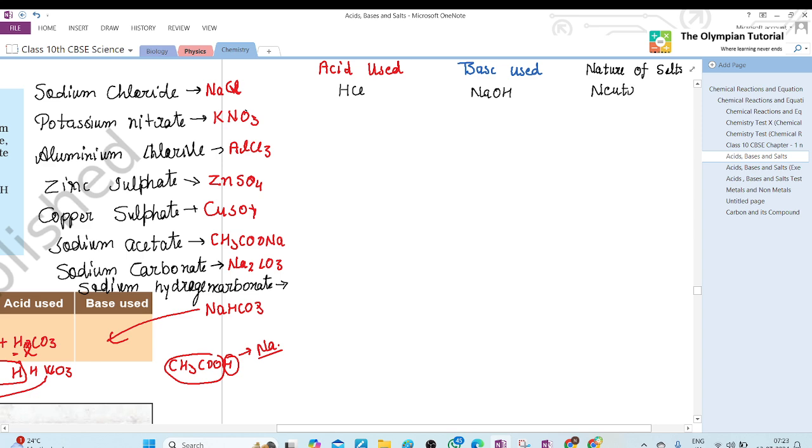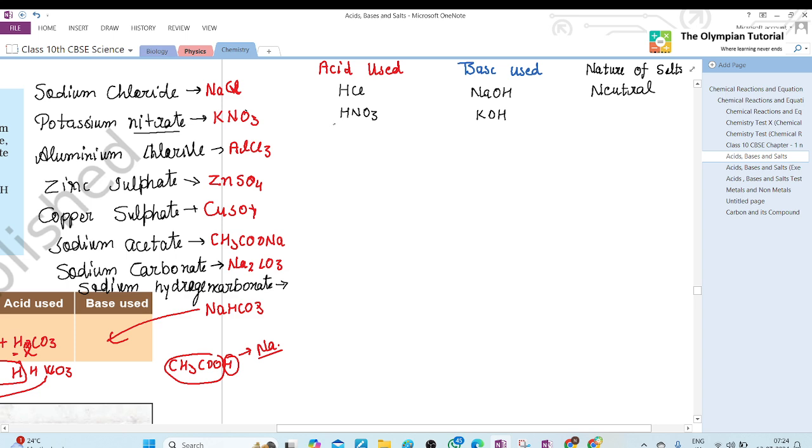Very good. Ayukta, now discuss potassium nitrate with me. Acid used here? NO3. Nitrate means nitric acid is used here. Base used here? Potassium hydroxide.